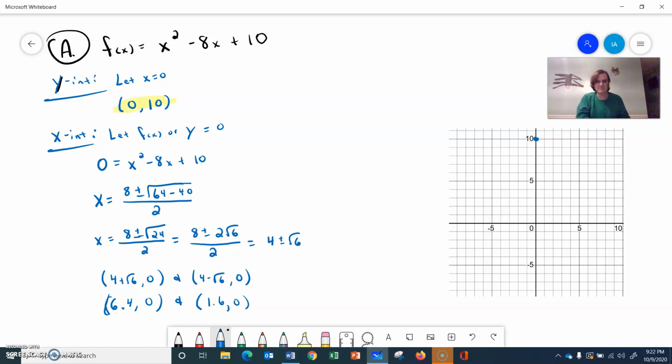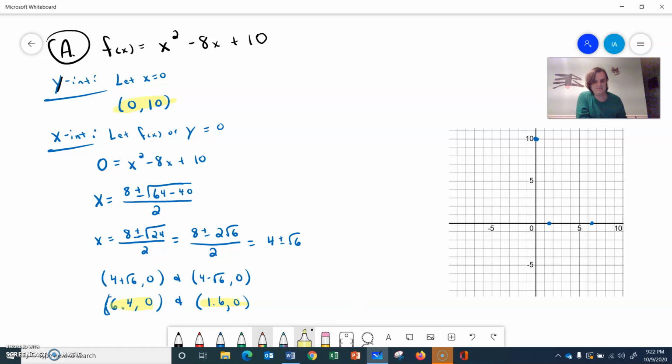So we will graph both of those. We'll graph 6.4, which is over here-ish, and 1.6, which is about here-ish. So I'll highlight what I actually graphed there. So I've got 3 points right now.